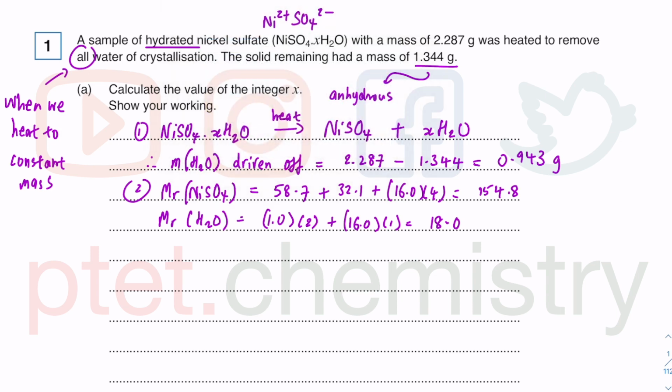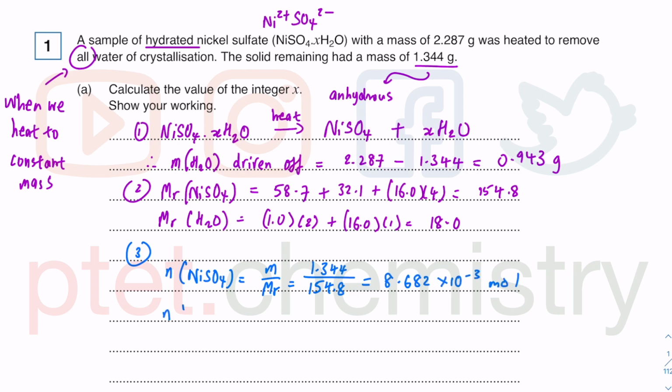The next step is really about comparing mole ratio. I can work out the moles of nickel(II) sulfate, which is the mass of what I have at the end of the reaction, after I remove all the water of crystallization, divided by 154.8. I get an answer of 8.682 times 10 to the minus 3 mole.